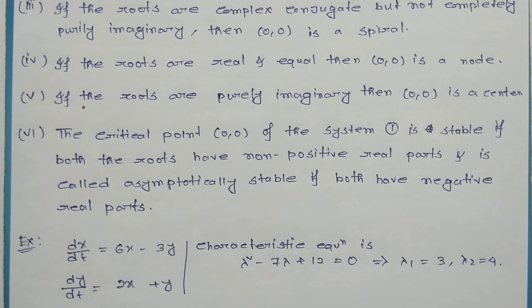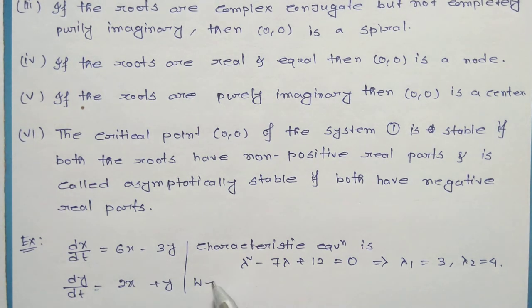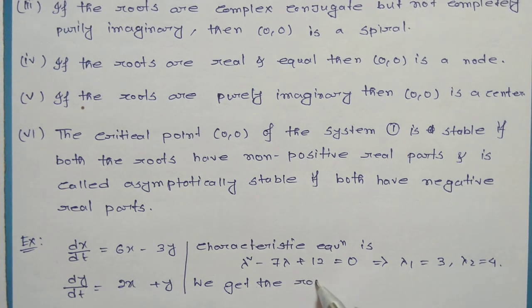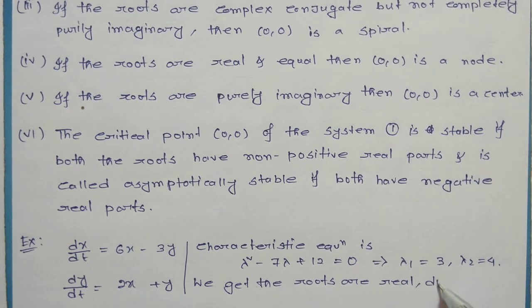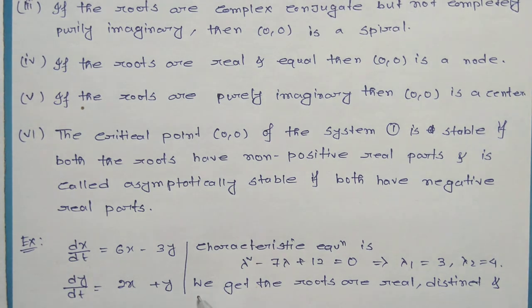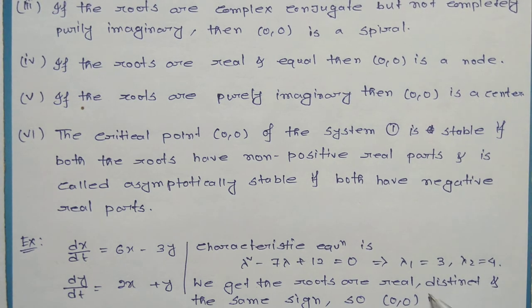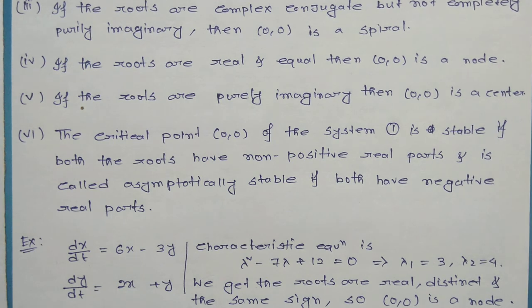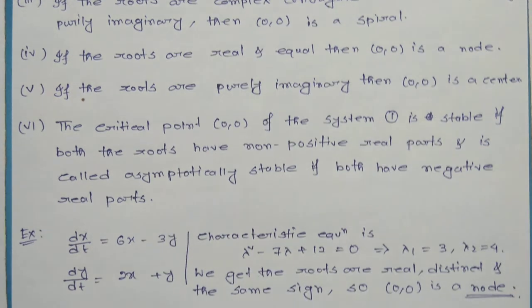So here we get the roots are real, distinct and the same sign. So here (0,0) is a node, right?